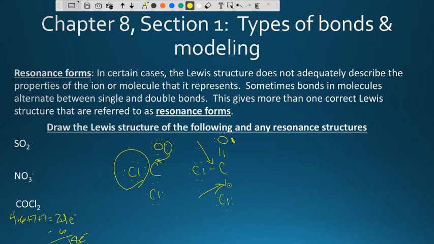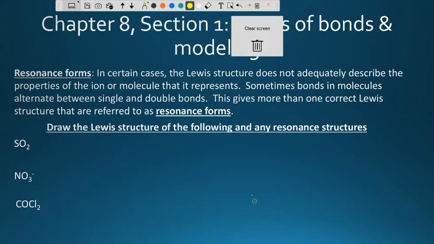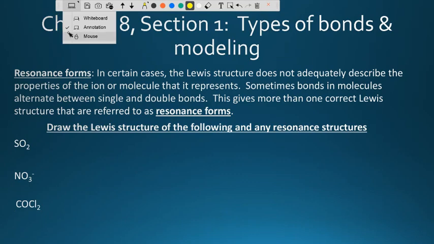I showed it to you with oxygen, but it's just one of those rules of chlorine because it only had one electron to gain to get that full sublevel. It will never do a double bond, so there are no resonance structures within the carbon, oxygen, and chlorine compound.